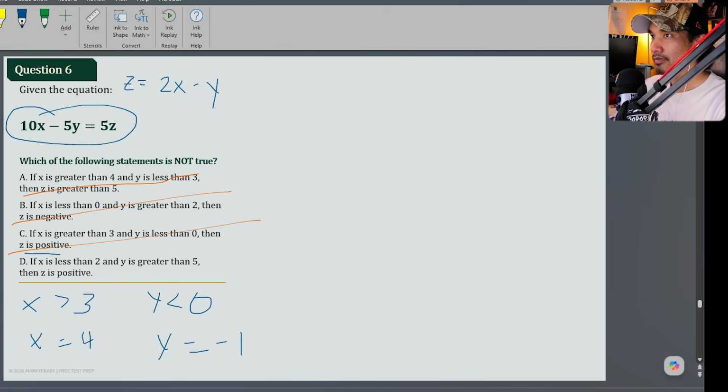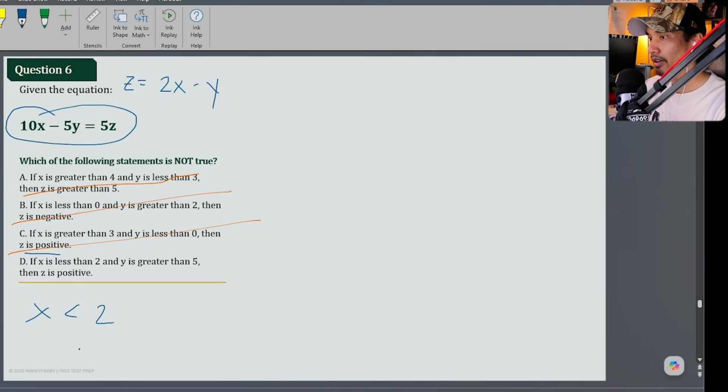So I am going to choose a few numbers. It says here, if X is less than 2, I'm going to say 1. And Y is greater than 5, I'm going to say Y is 6. Okay, let's plug it in.